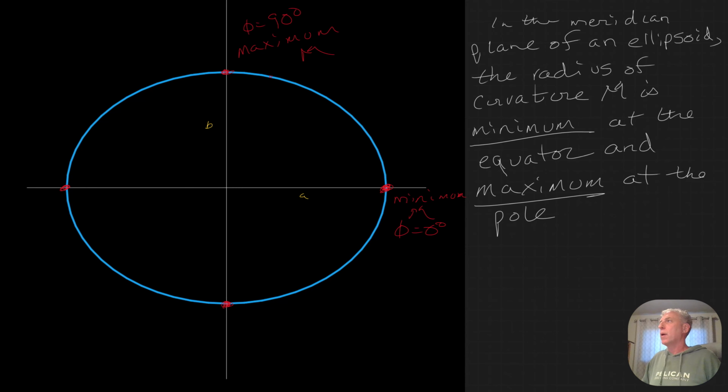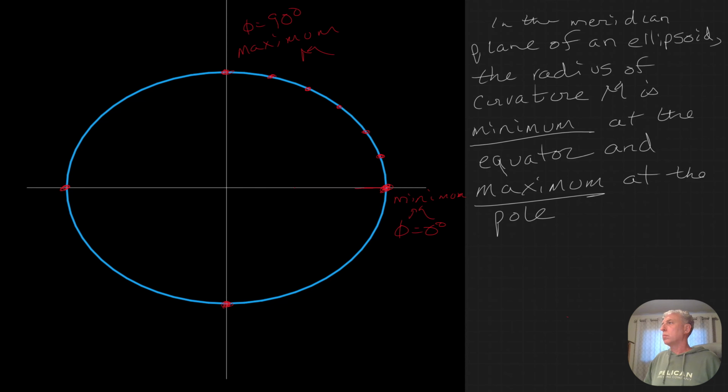Let's say I have a bunch of points along the surface of my ellipsoid. They don't have to be evenly spaced. The concept is still clear. I'm going to erase these so they don't get in the way. Well, the radius is minimum in the plane of the equator.